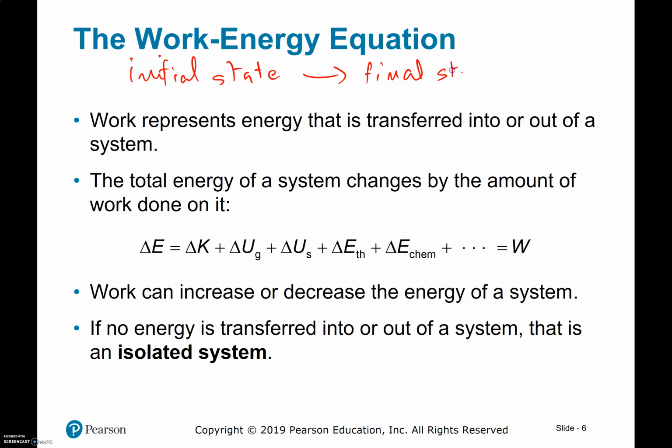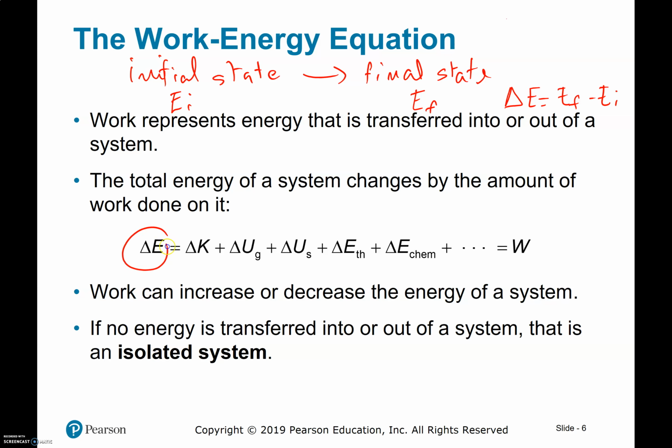The system could be the barbells, and the weightlifter is lifting this barbell, so the barbells increase the gravitational potential energy. So we have an initial energy and we have a final energy. And then we talk about the change in energy, which is equal to final minus initial.